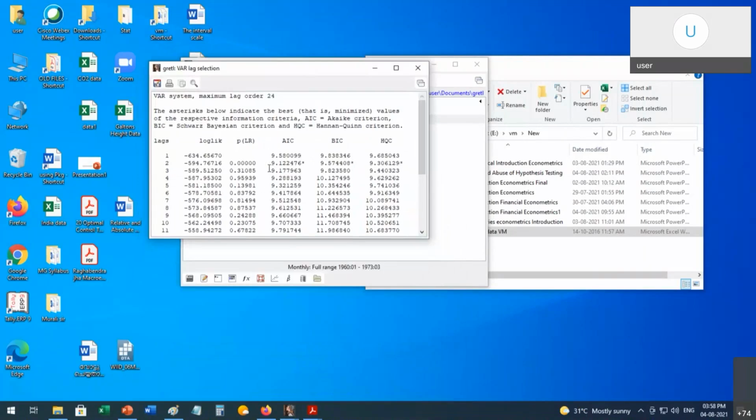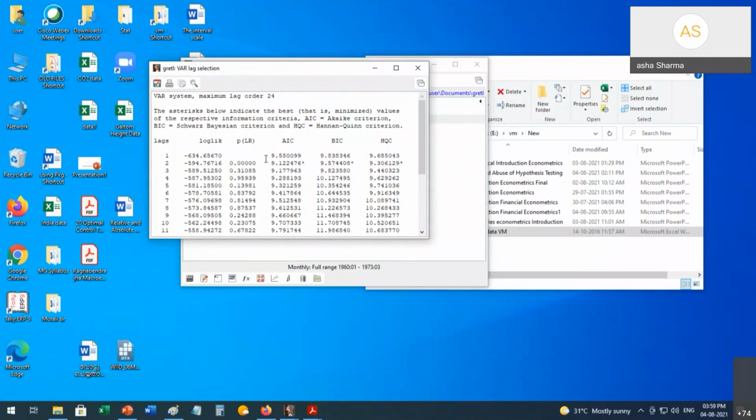And if we do not know how to proceed, then Gretl says what to do. If there is a star with the information criteria, then that star refers to the optimum lag. That is, the asterisk indicates the best, the minimized value of the respective information criteria.